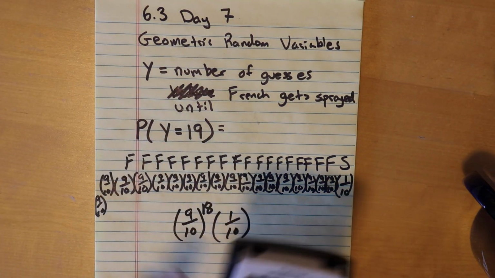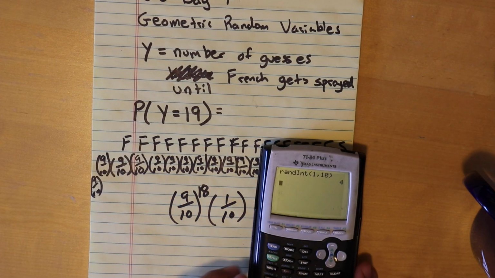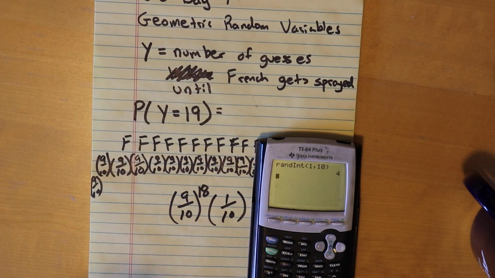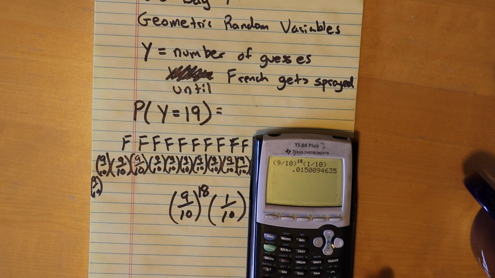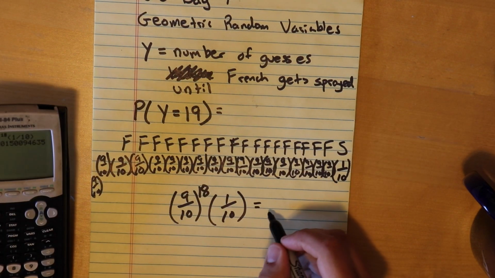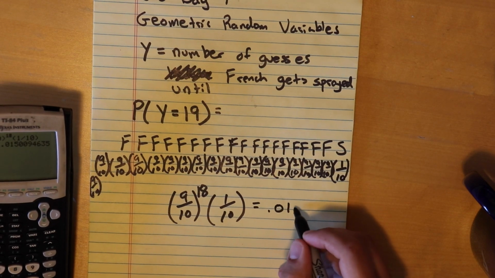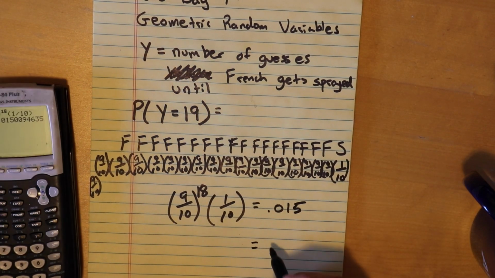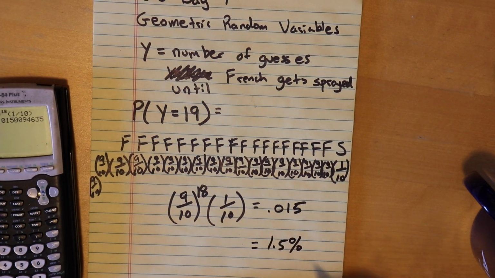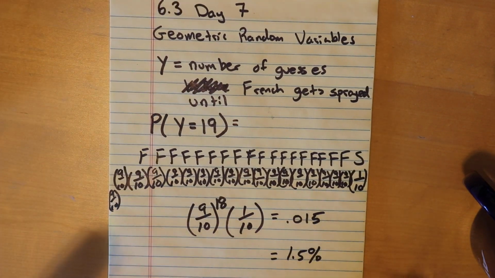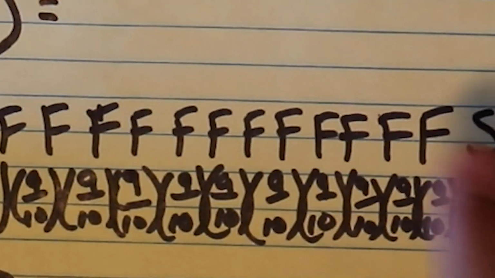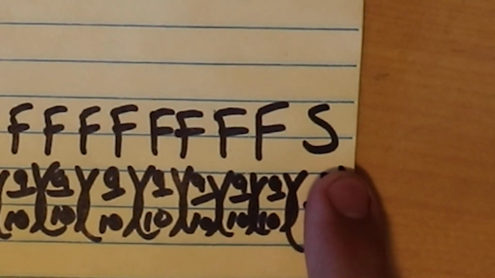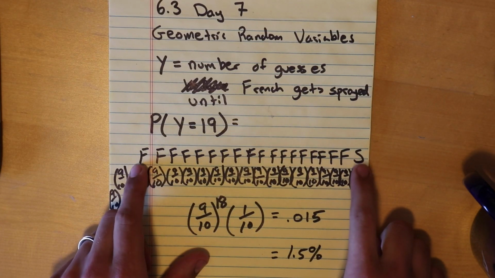And the probability of the thing that you just saw, for it to take 19 times until I finally guess the number, is pretty small. This has a value of 0.015, or about a 1.5% chance. This is a geometric setting. In geometric settings, you're always looking for how long it takes to get your first success. So you'll see this is pretty common throughout.